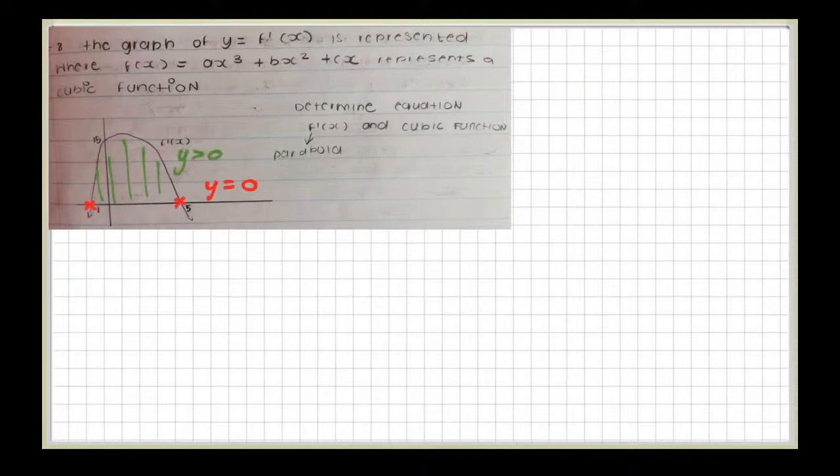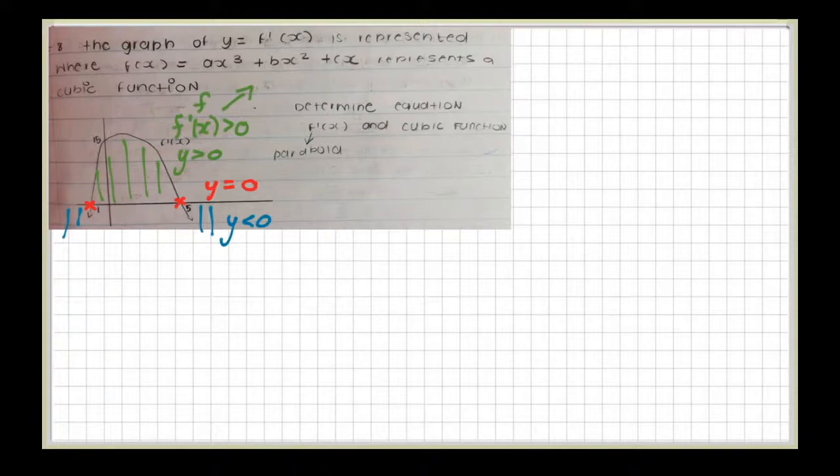On the left of -1 and on the right of 5, my y value is smaller than 0. Okay? Now just remember y is f'(x). So f'(x) must be bigger than 0 at the green ones, which means f is increasing, f is going up.